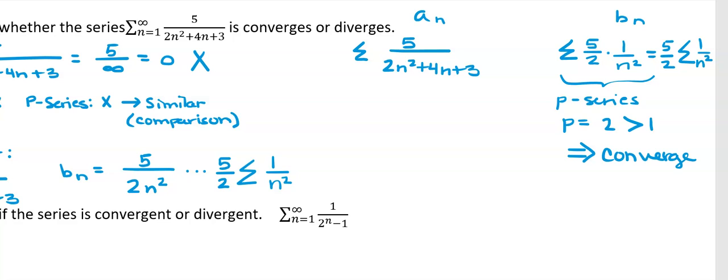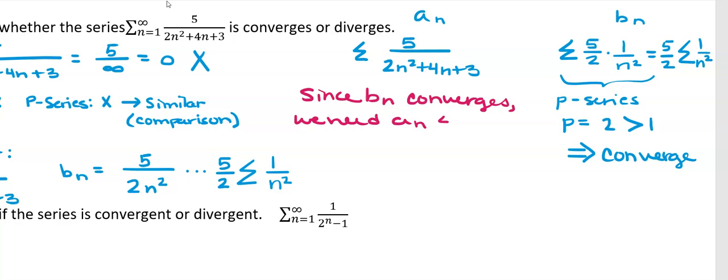And since we know, so let me put this in a different color, since we know that b sub n converges, we need a sub n to be less than or equal to b sub n in order to know anything about it.